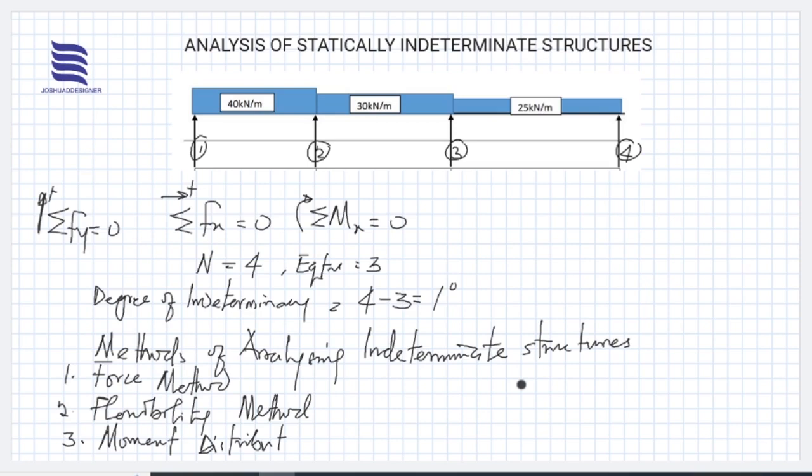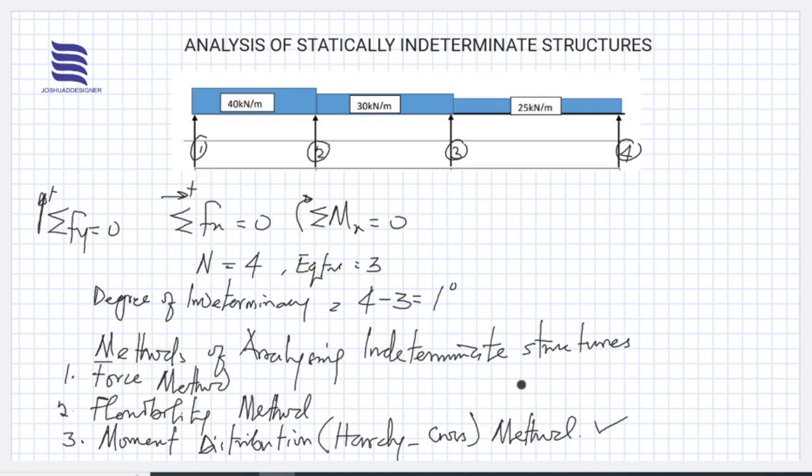Even before now, many of us had made contact with several methods like the three moment equation and the slope deflection method. These are also listed under these methods. But for today we are going to focus on the moment distribution method.